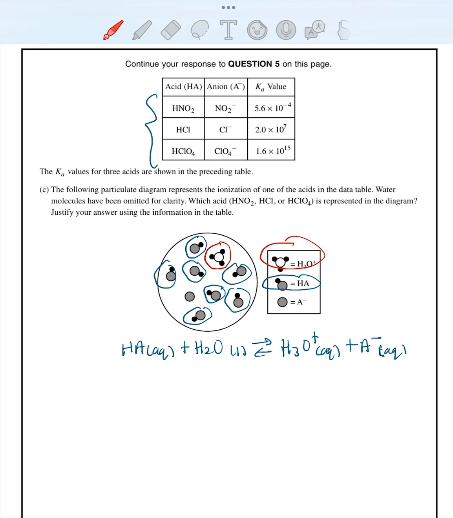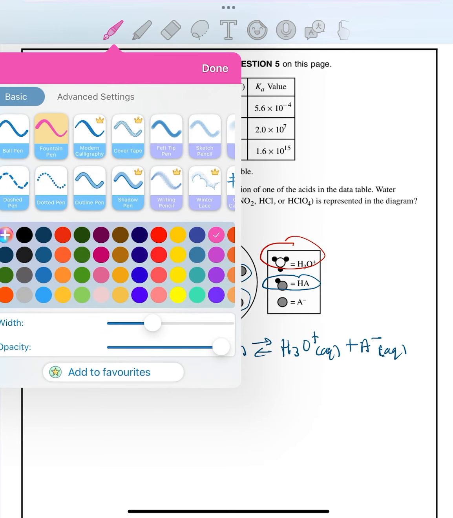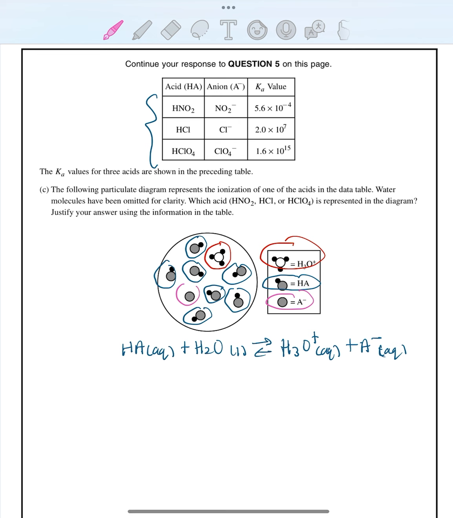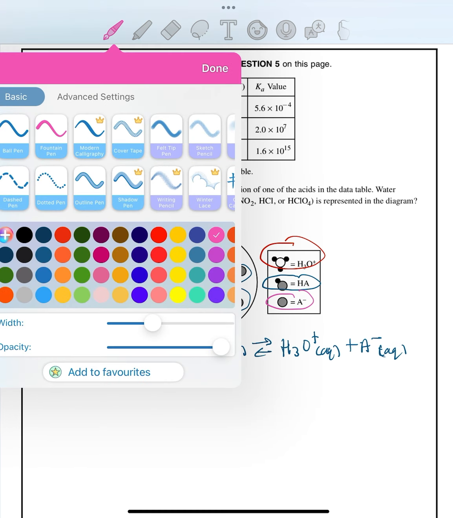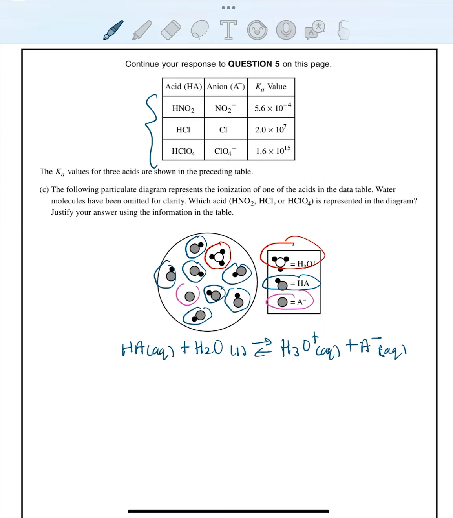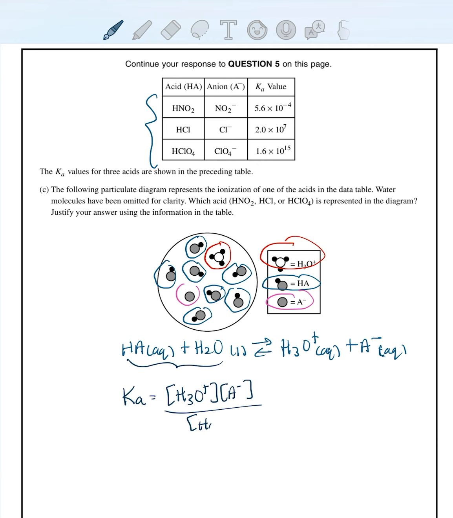So this is my hydronium, and then the conjugate base, this A minus, we only have one of them. So what I know in this question is I mostly have reactant, which means, by the way, remember that Ka equals the concentration of products over the concentration of reactants. In this, acid and water we omit because it's a liquid.